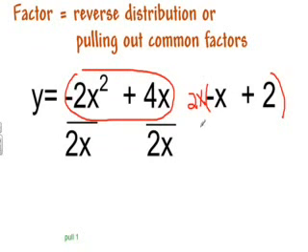Watch this. 2x times negative x will give you negative 2x squared, right? And 2x times 2 is 4x. So we're going around in circles. What you need to be able to do is pull out the common factor, the greatest common factor from both terms, write it on the outside, and then the leftovers in the parentheses.